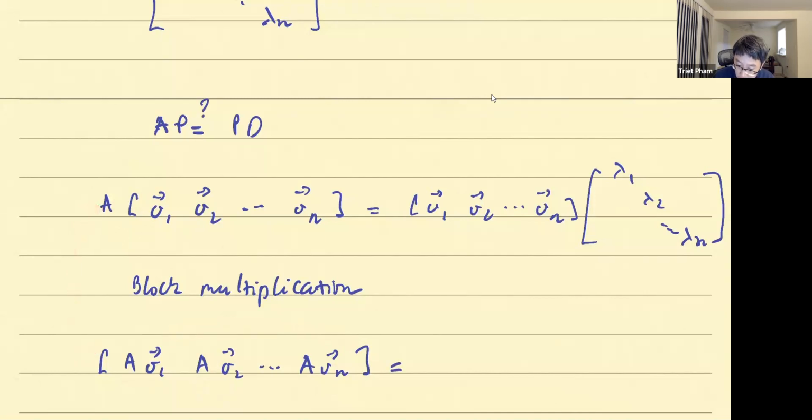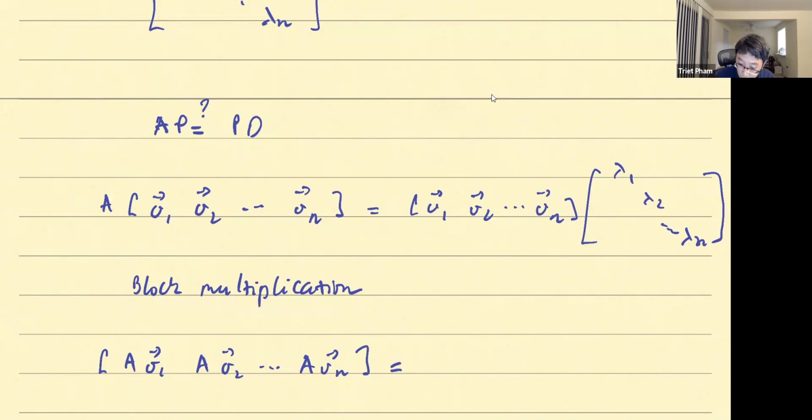How do I take care of the right side? I look at this as a row times a column, a row times a column, a row times a column. Again, it's not exactly that because each of them is a vector and this is a scalar, but block multiplication makes sure you can do that correctly.